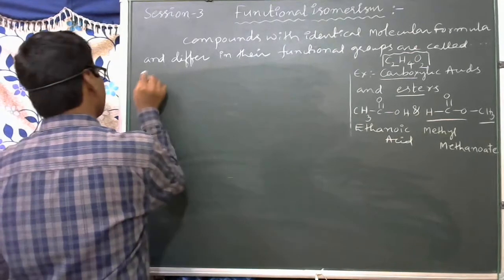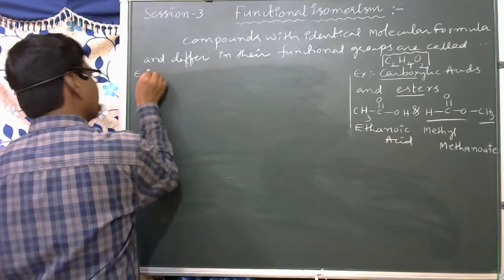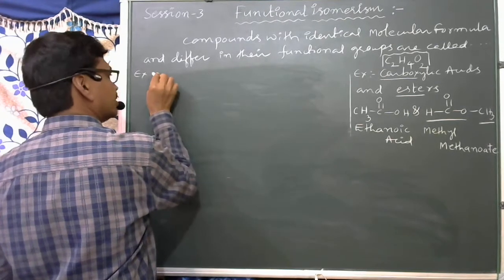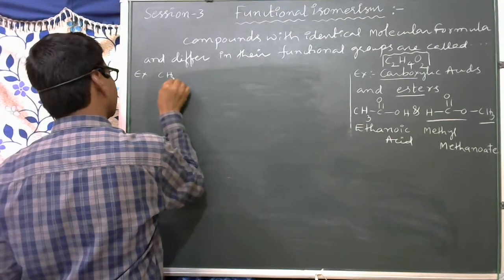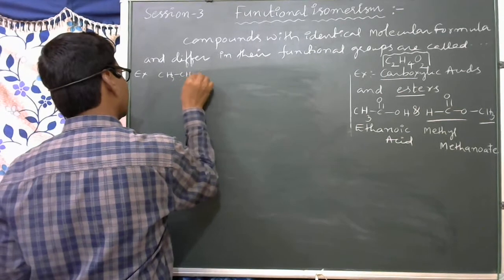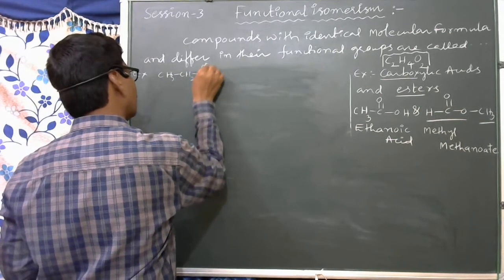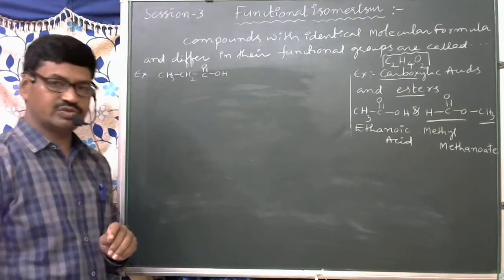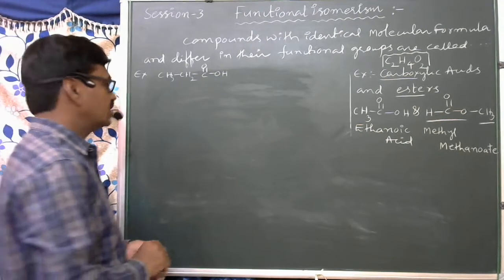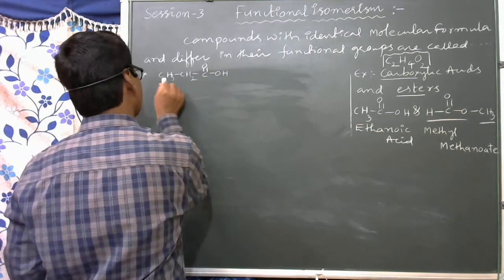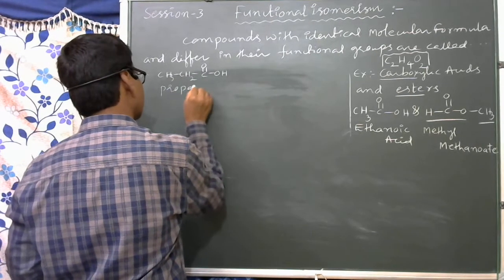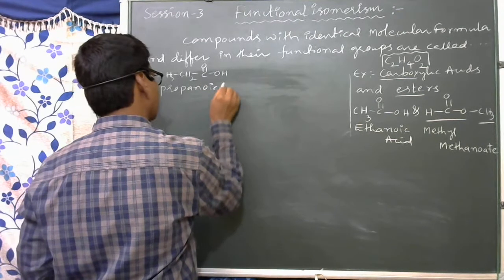Three carbons, one more example for carboxylic acids and esters. CH3, then CH2, then C double bond O OH. Here 1, 2, 3. This is propanoic acid.